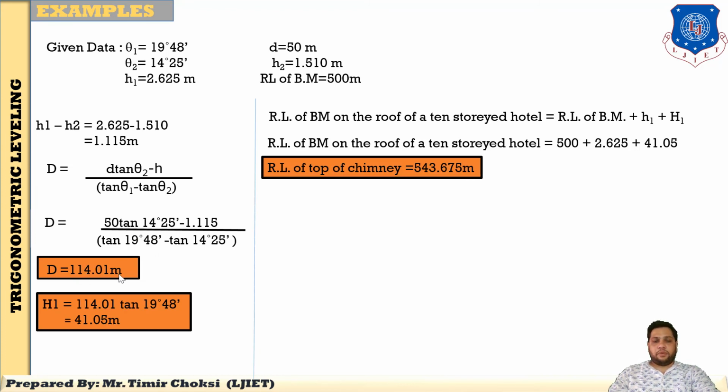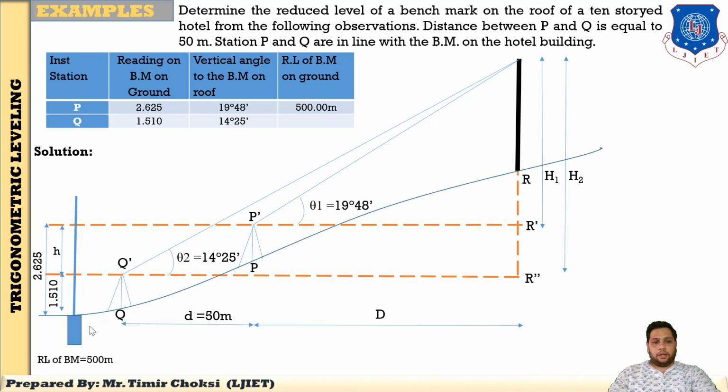Now, after getting d, find capital H1. Capital H1 equals d tan theta 1. Put the value of d in this equation and get the answer for capital H1. And last, find the RL of the roof of the 10-story hotel, which equals RL of benchmark plus small h1 plus capital H1. You can find it both ways: RL of benchmark plus small h1 plus capital H1, as well as RL of benchmark plus small h2 plus capital H2.